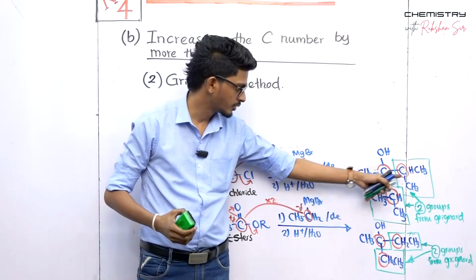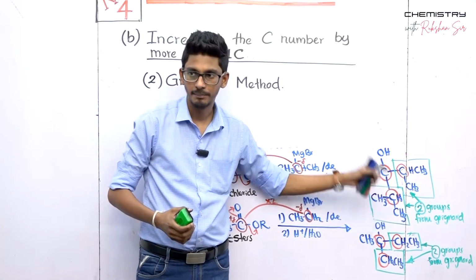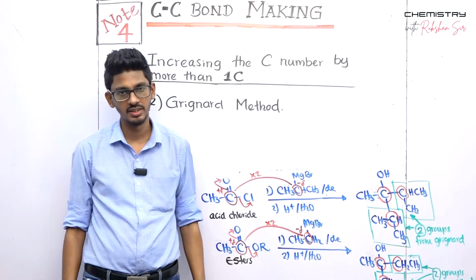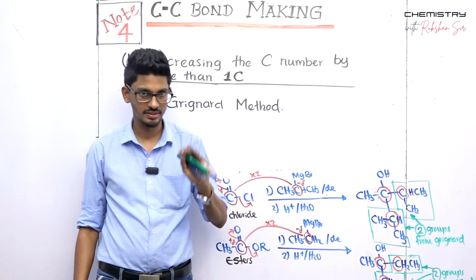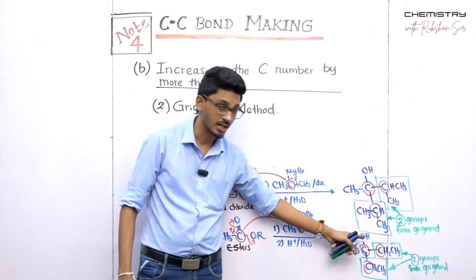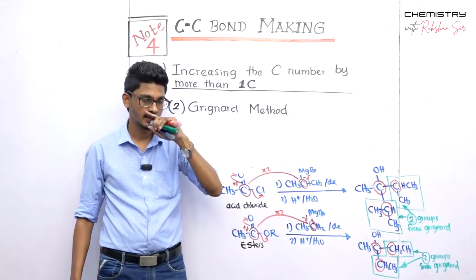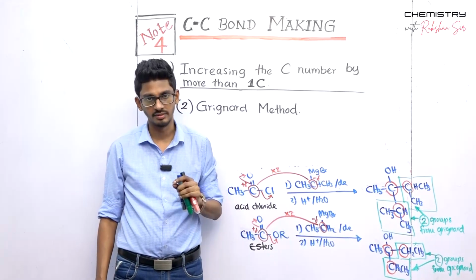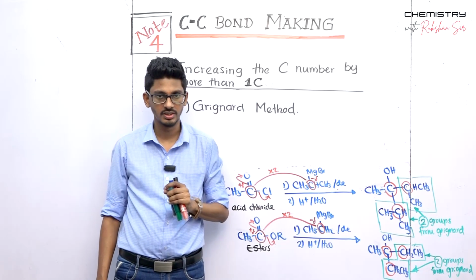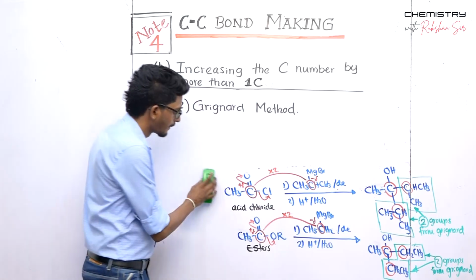You are adding two groups from Grignard, but with ketones and aldehydes you are adding just one group from the Grignard. That is in your note as well. Keep that in mind, as it will be very important in doing the conversions.